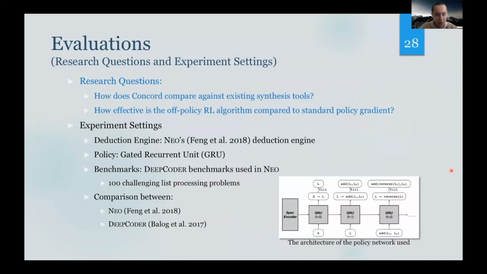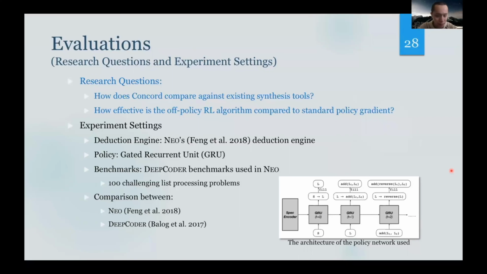Now the evaluations. Here we are interested in two research questions. The first one is, how does Concord compare against existing synthesis tools? And the second is, how effective is the off-policy sampling? We use Neo's deduction engine, and we use a GRU as the policy, because it's a popular neural network for modeling sequential decisions.